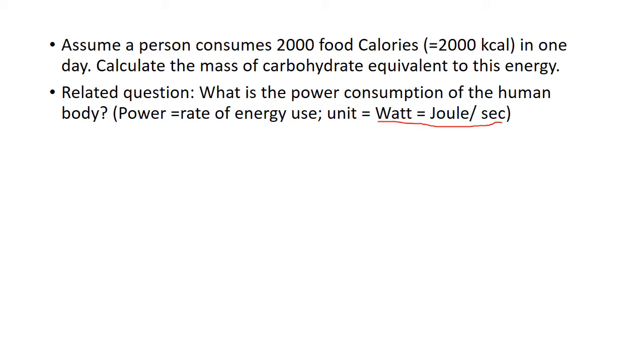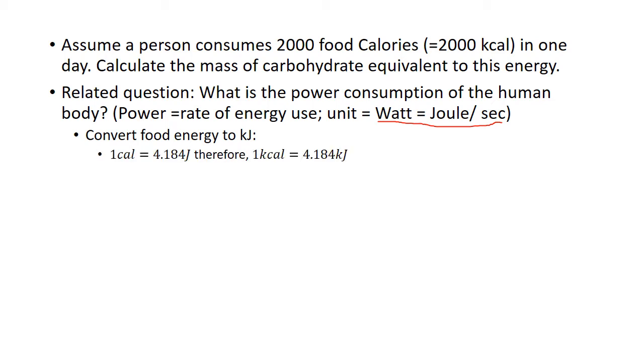Okay, so now let's look at the first question, and the first thing we want to do is convert the food energy into a unit that's more widely used. We'll convert that energy into kilojoules. First of all, 1 calorie is 4.184 joules. That's a standard conversion, and I hope it isn't too much of a stretch for you to say immediately from that 1 kilocalorie is 4.184 kilojoules.